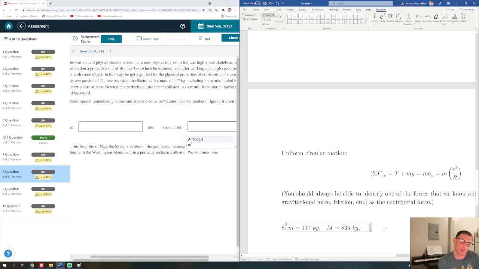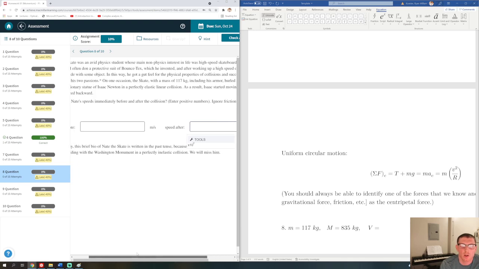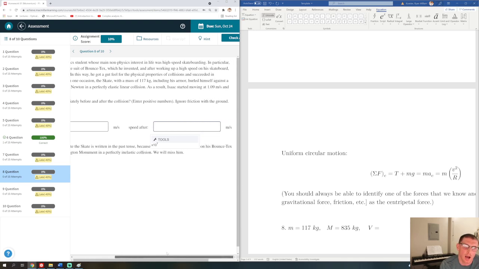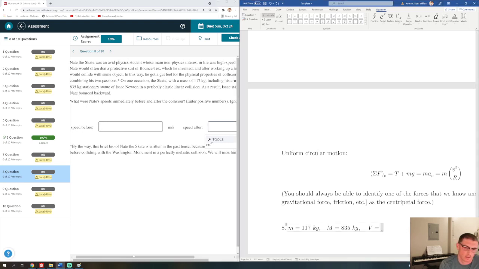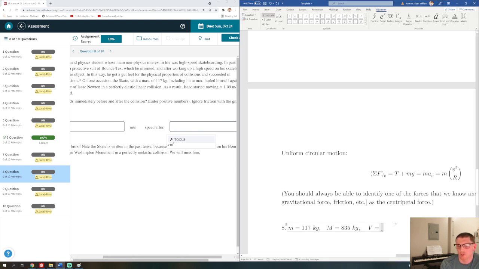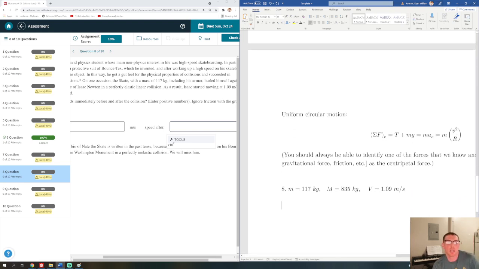Let's say big V is the speed at which the statue is moving after the collision, and that is 1.09 meters per second. This is a situation where we can apply conservation of both momentum and energy.